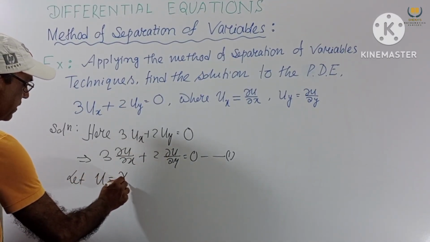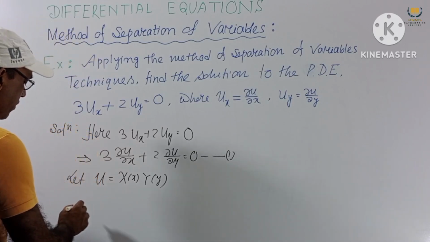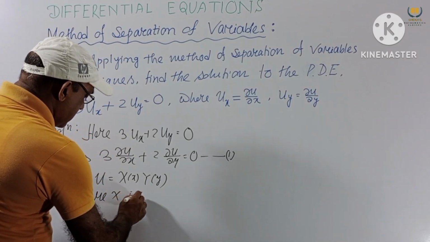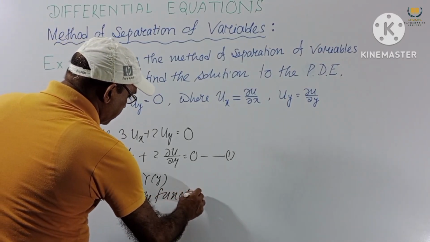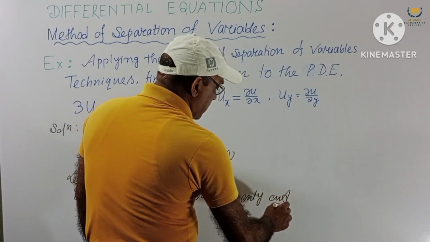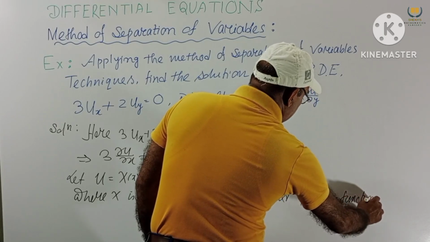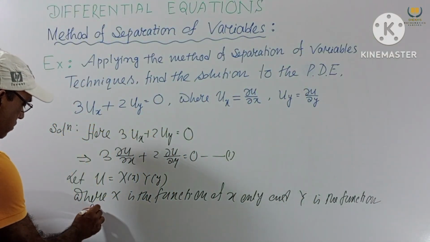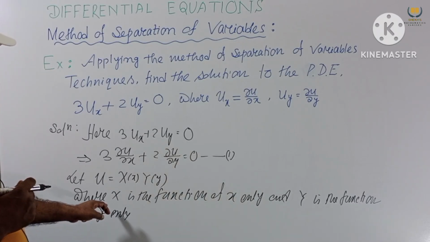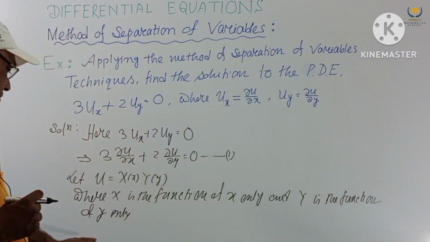u equal to capital X of x, capital Y of small y, where capital X is the function of x only and capital Y is the function of small y only.